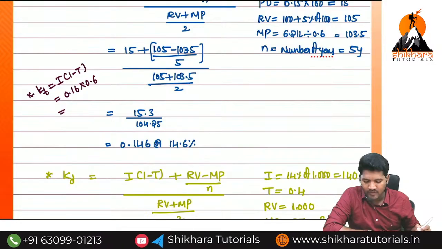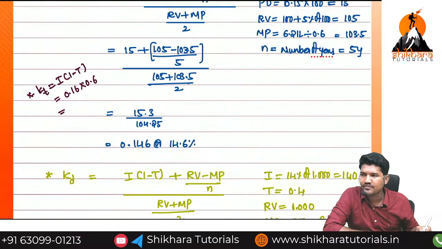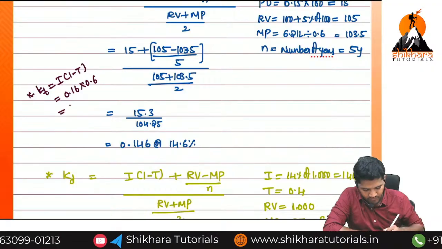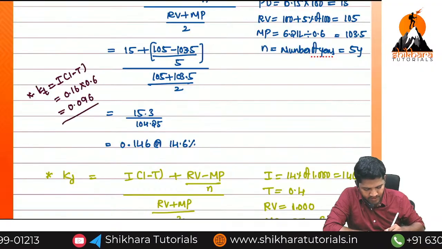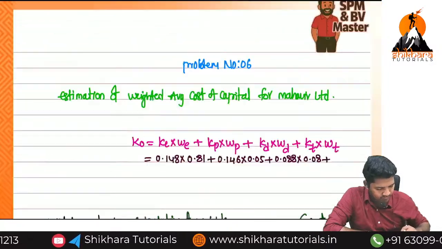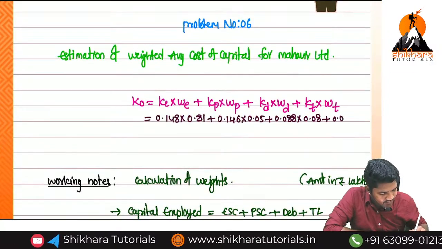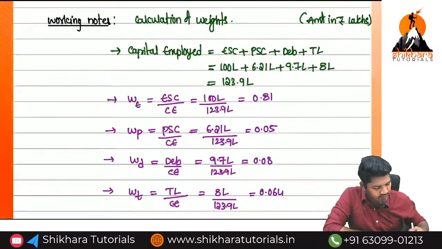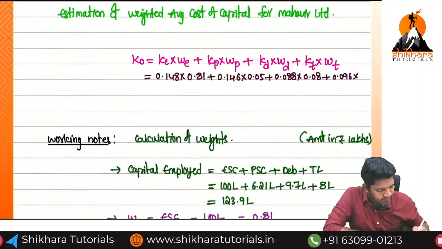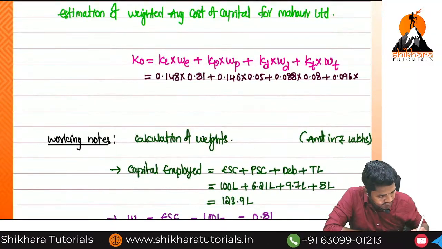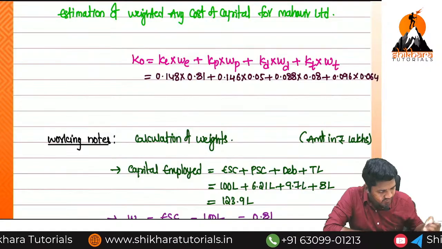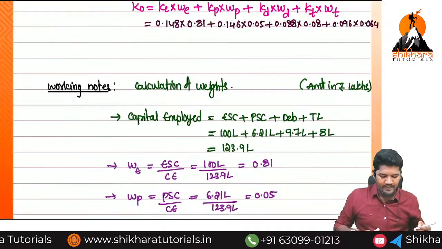Now 0.16 into 0.6 is 0.096. 0.096 into what is the weight of term loan? 0.04. Now please tell me the total answer.